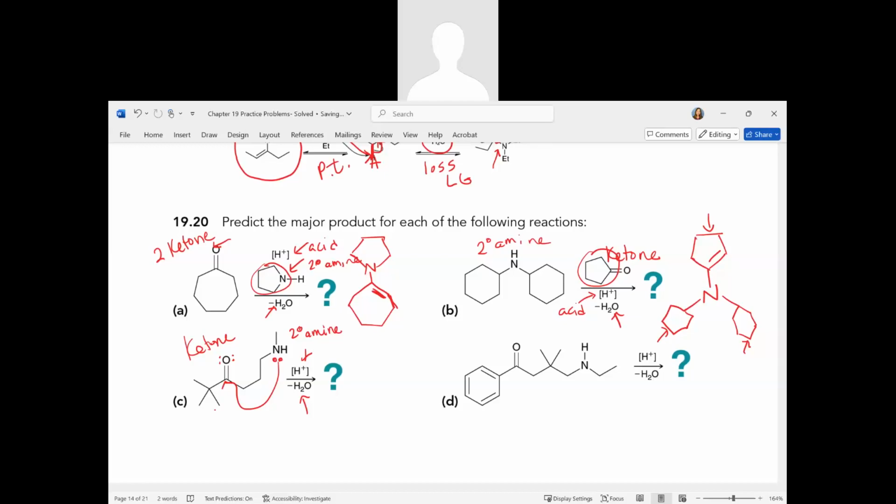So let's number our carbons in our reagent. So I'll call this carbon 1, 2, 3, and 4. And let's fold up this compound and see what it would look like. So my nitrogen.